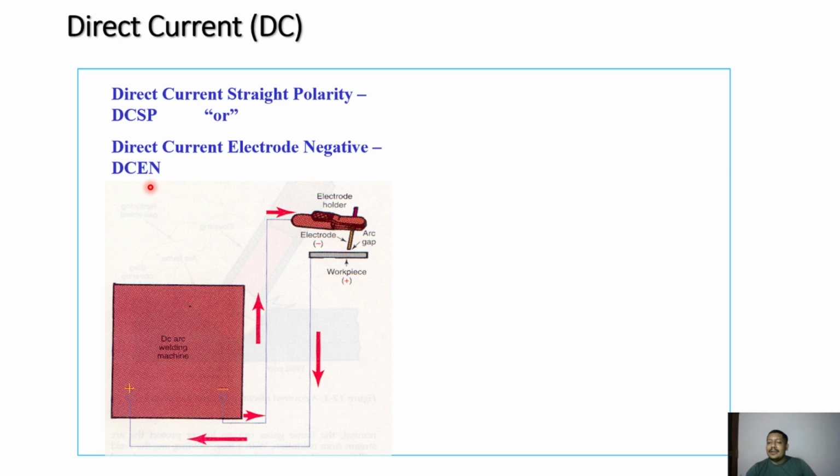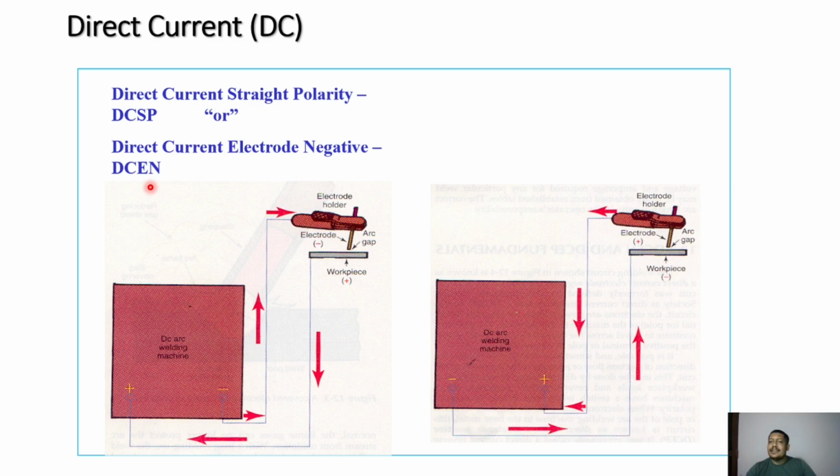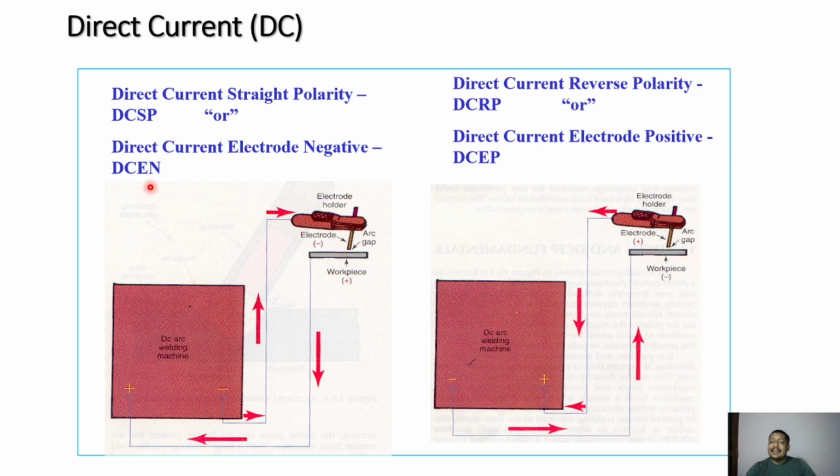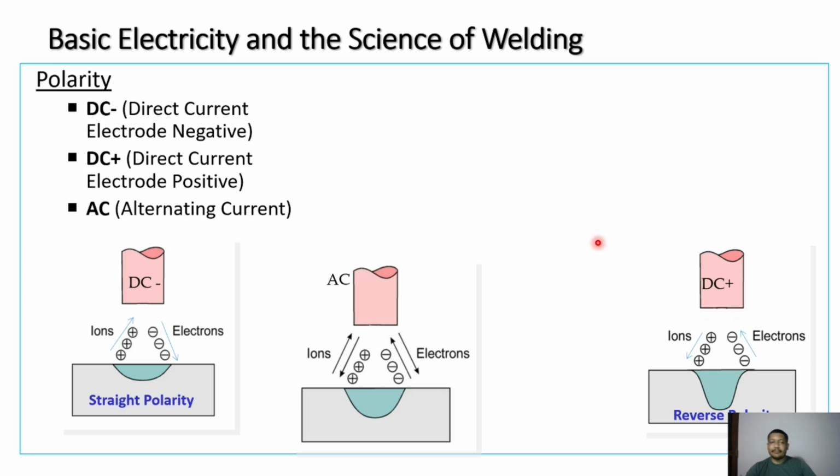I can reverse it, that is the change of polarity in DC current. If I change it, instead of straight polarity, the terminology will be reverse polarity, where the electrode is connected to the positive terminal. When I change the polarity, there is an effect on the weld as well.